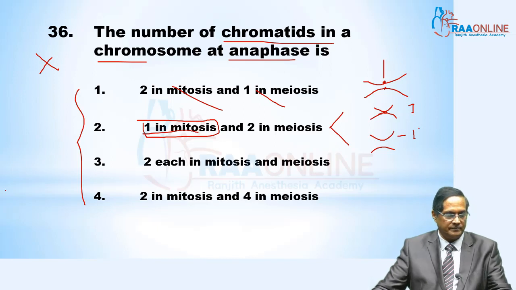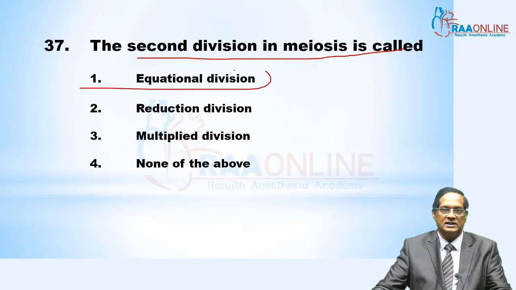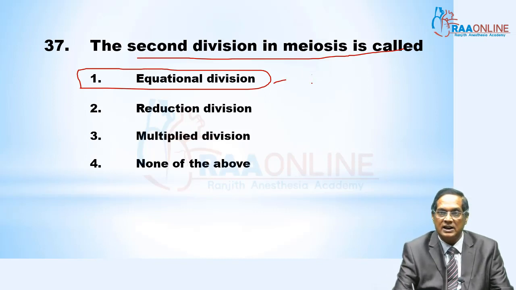Okay. Second division of meiosis is equational division, same as mitosis. It is mitosis like division, that's why it is called equational division.